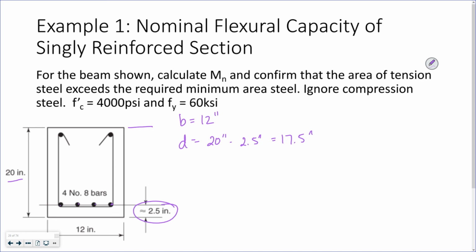My area of steel, this is where we're going to have to start using our manual. I have 4 number 8 bars. So 4 times the area of a number 8. If you go to your manual, big tab to have, or else you might start memorizing because number 8 is pretty popular.